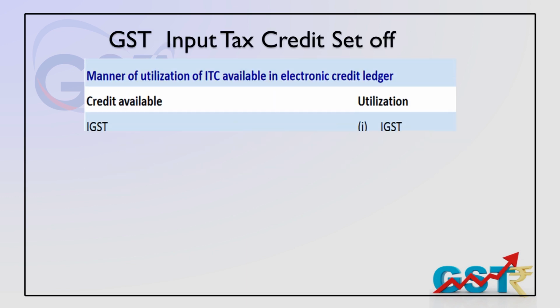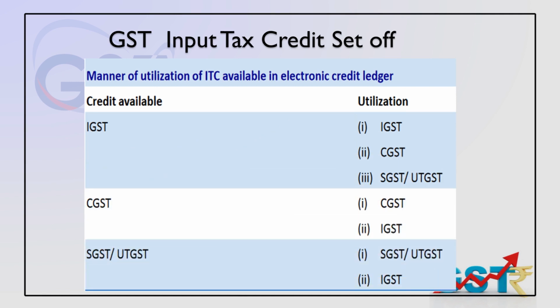And then at the month end, this amount is to be reduced from my gross tax liability to determine my net tax liability. And that's the beauty of this subject called input tax credit.